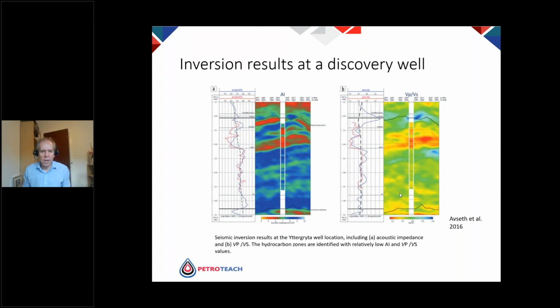And here's an example from Norway, I think. Here's an inversion result, and the red is the well log, the blue is the inversion result. You can see it's an okay tie, not perfect, but it will never be entirely perfect. And these are absolute values here. You can see the dotted line is the background model, so this is our low frequency part.